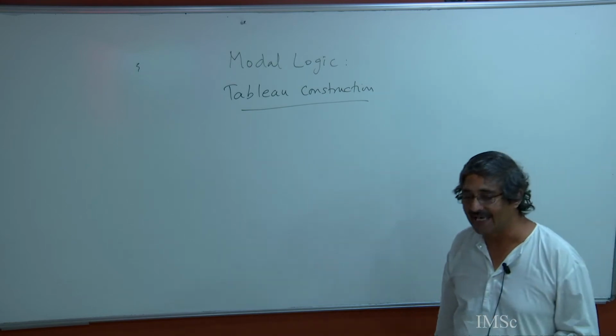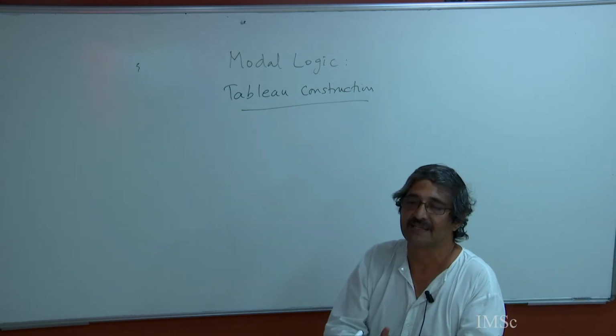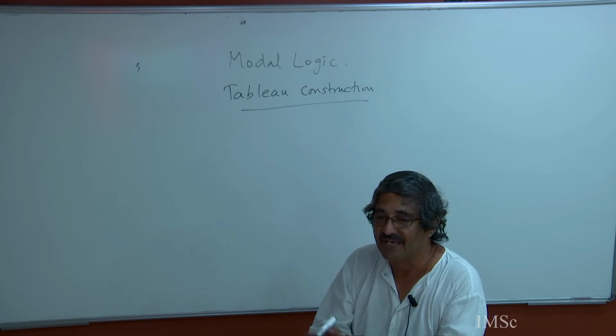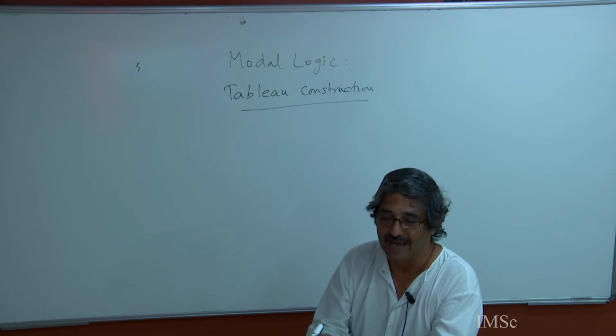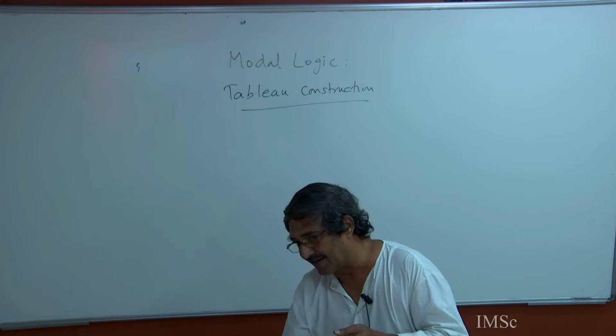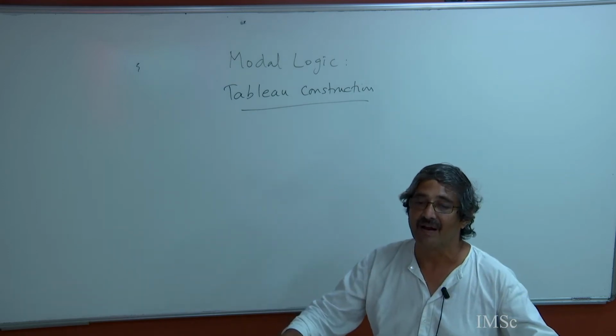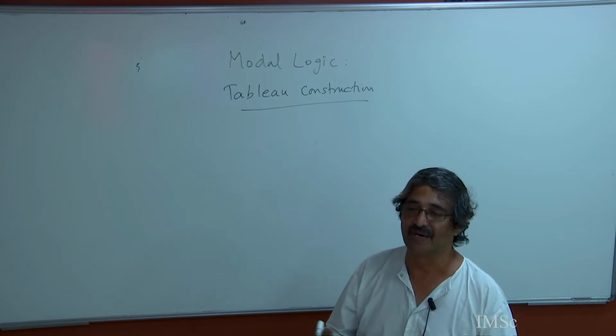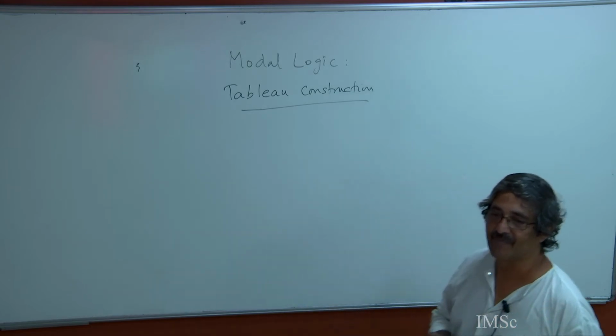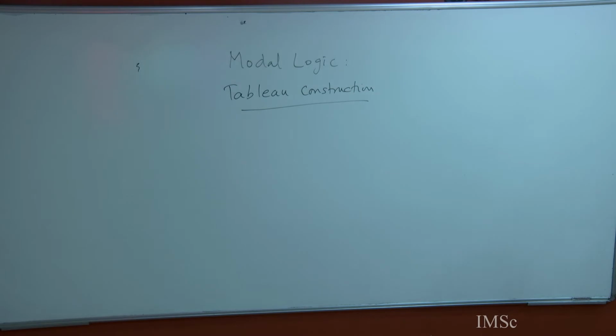Every time you downclose your formulas, and if there is a formula of the form diamond alpha, you try to construct a successor world. You try to construct a tree model, and if you succeed, the formula is satisfiable. That's the idea. So this is what we talked about last time.